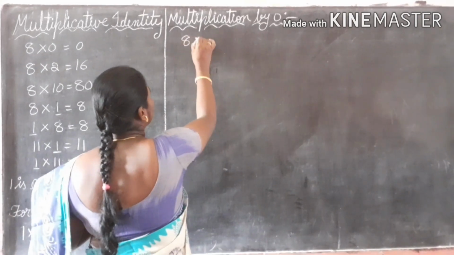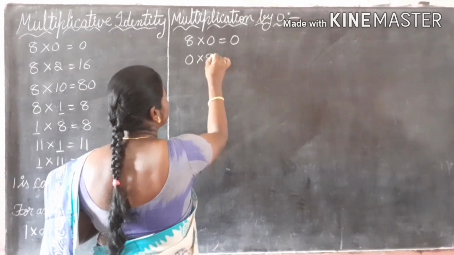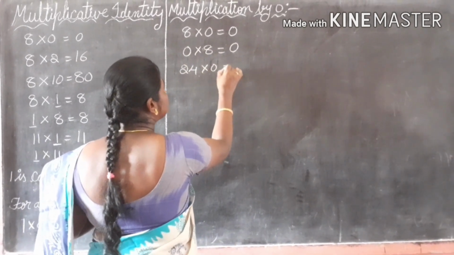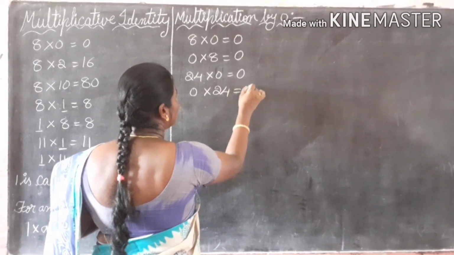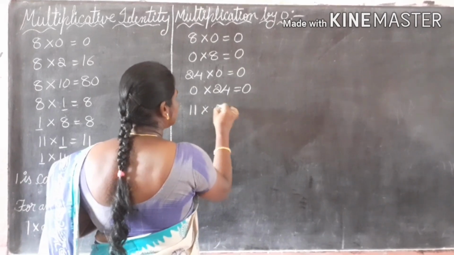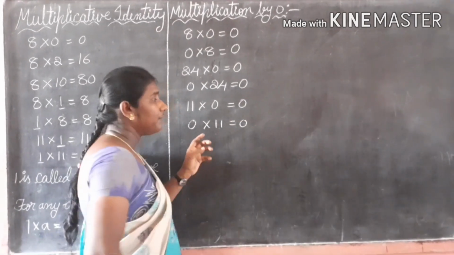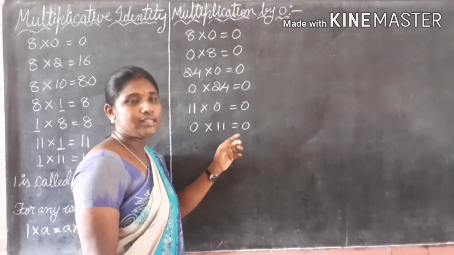8 into 0 is 0. 0 into 8 is 0. 24 into 0 is 0. 0 into 24 is 0. 11 into 0 is 0. 0 into 11 is 0. That means when we multiply any number with 0, what will we get? 0.